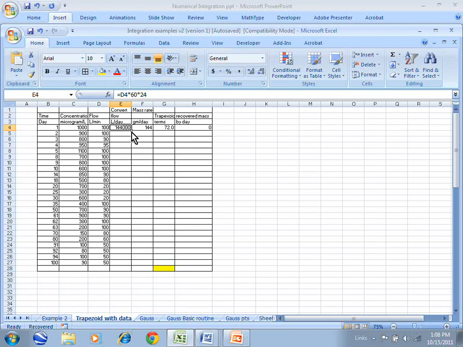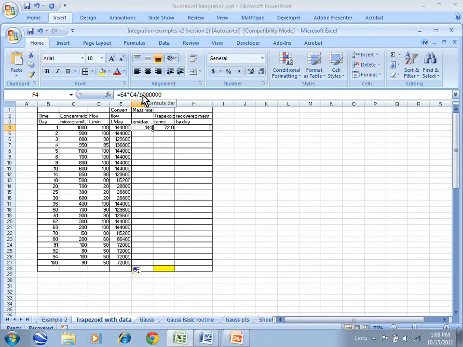So I just take liters per minute, take that cell, and multiply by the number of minutes in a day. And then I can copy this down, and when I do, the cell reference gets incremented, and so there's the data for the flow in liters per day. Now grams per day I get by multiplying liters per day times micrograms per liter, divided by 1 million, the number of micrograms per gram.